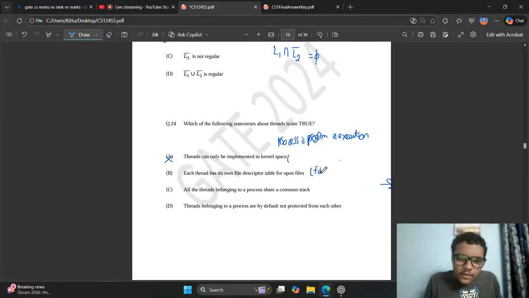Yeah, there is FD, I guess. I think all threads belonging to the process share a common stack. I don't know. The processes are protected from each other. Yes, that is true.